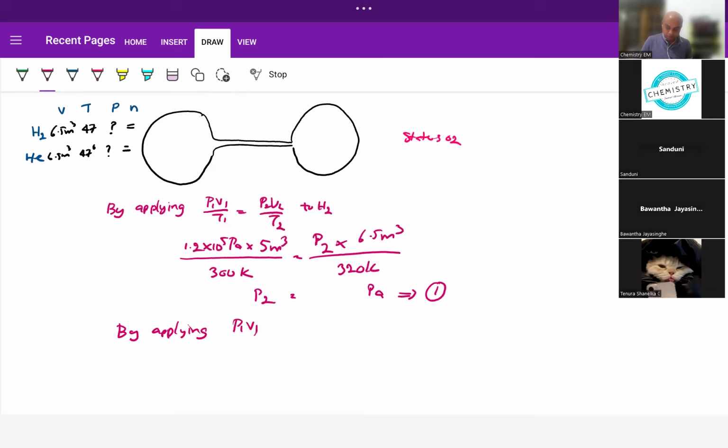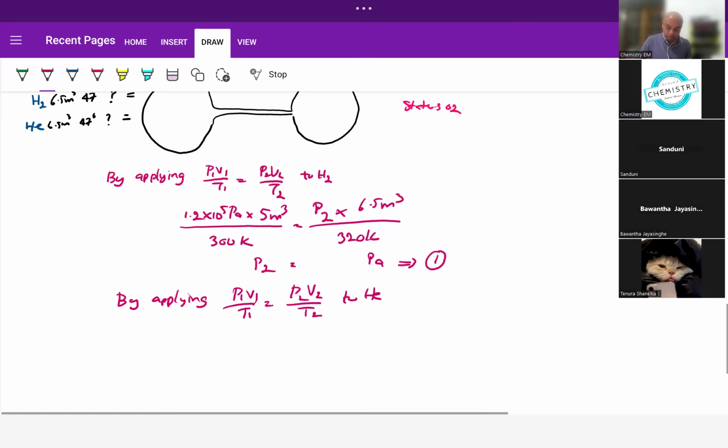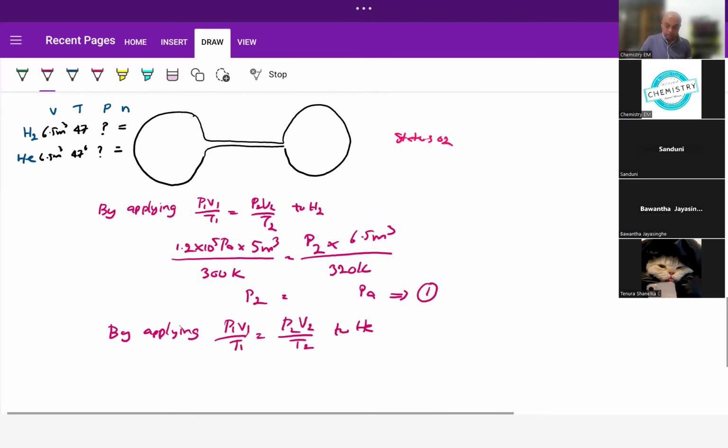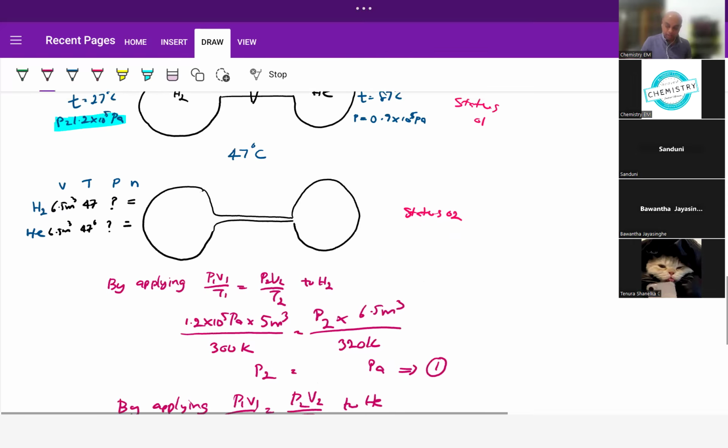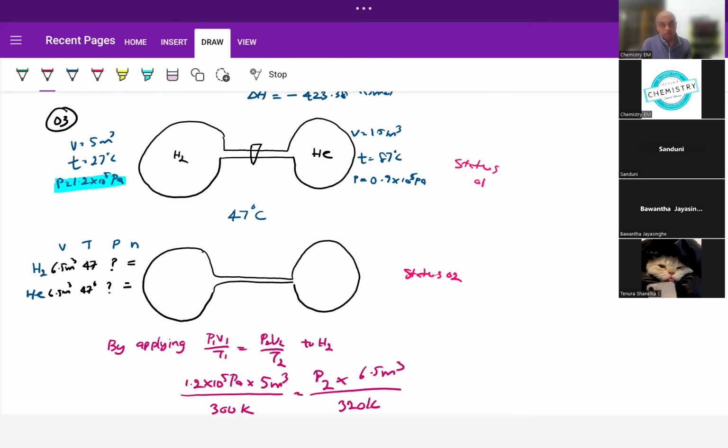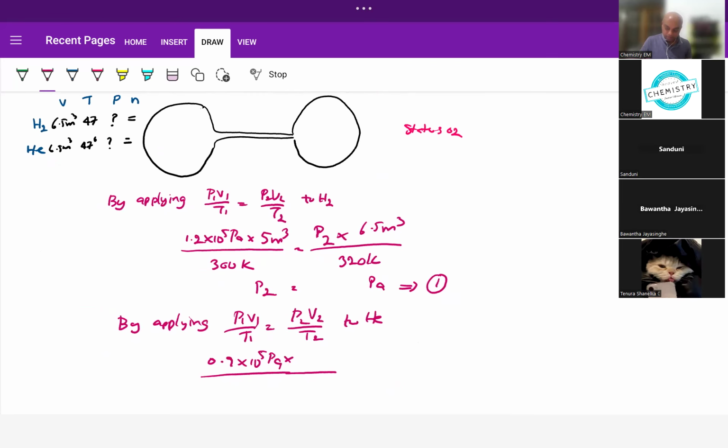Then I'm applying the same thing, P1 V1 divided by T1 equals P2 V2 divided by T2, to helium. The helium initial pressure is 0.9 into 10 to the power 5 pascals, divided into volume, that is 1.5 cubic meters for helium. It is very clear, right?